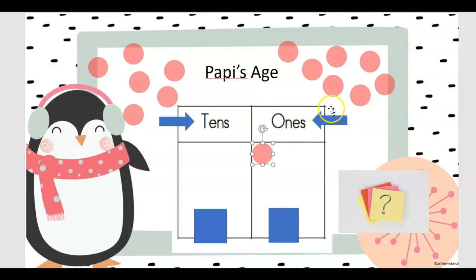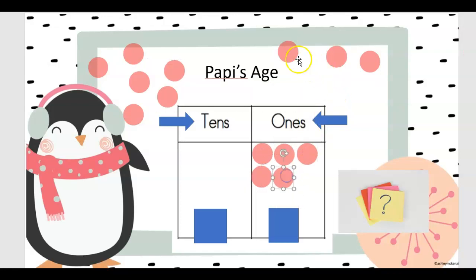So we're going to put it on the ones side of our chart. 2, 3, 4, 5, 6, 7, 8, 9. Stop. When we get to 9, we have to do something special.